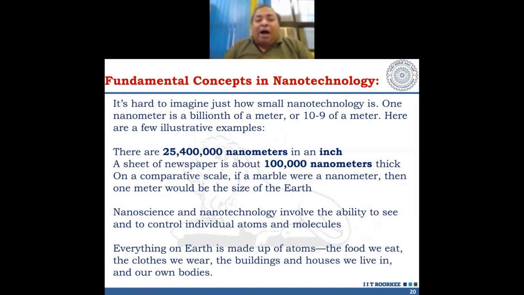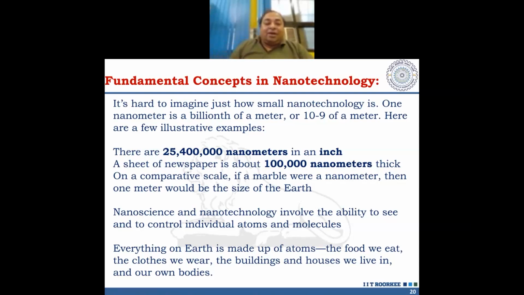It is hard to imagine just how small nanotechnology is. As we have seen, 1 nanometer is a billionth of a meter or 10 to the power minus 9 of a meter. And to understand it, you could take examples which will help you.